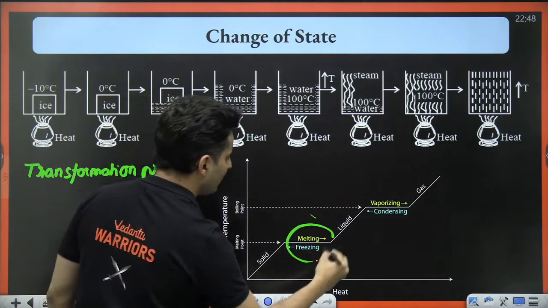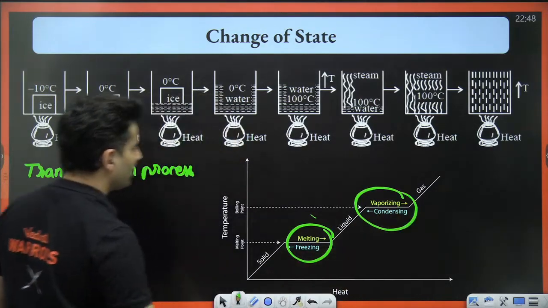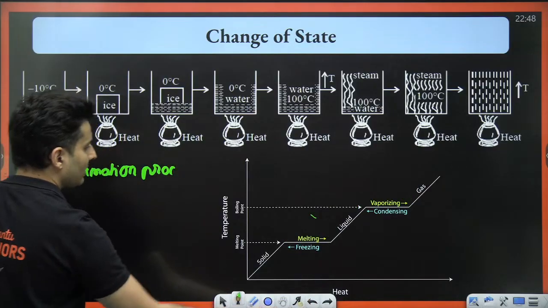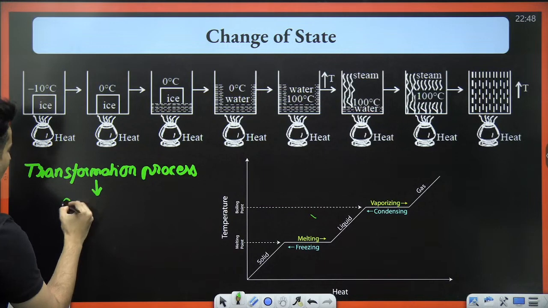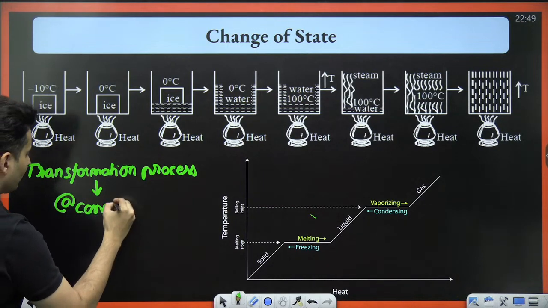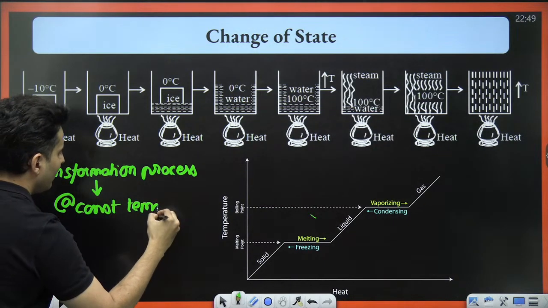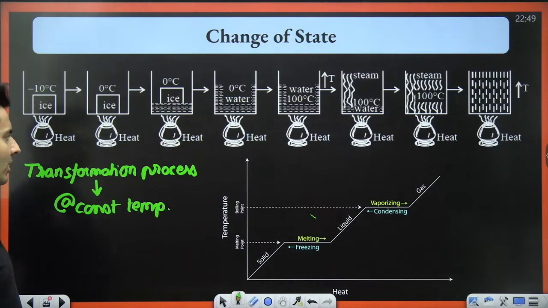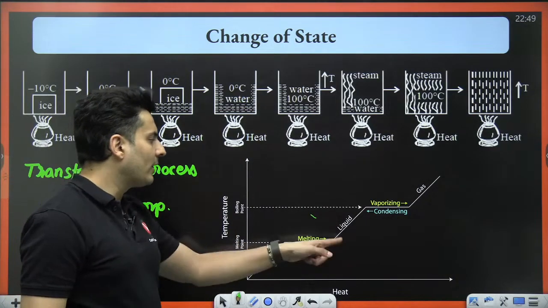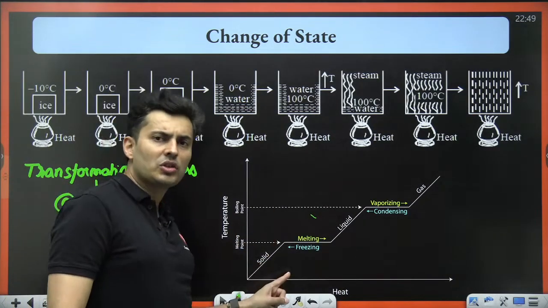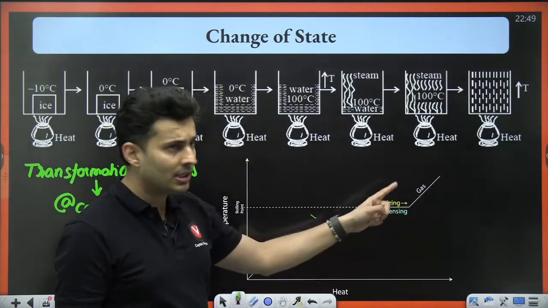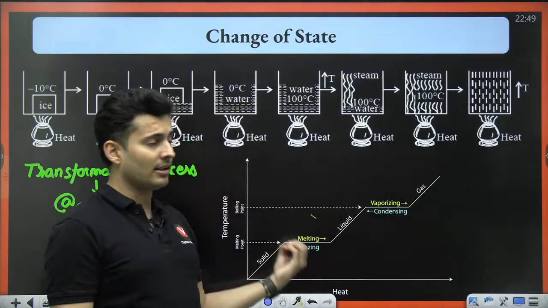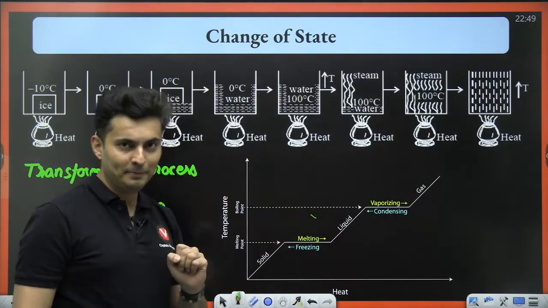These transformation processes are always at constant temperature. Very, very important. Solid to liquid is called melting. Liquid to solid is called freezing. Liquid to gas is called vaporization. Gas condenses to form liquid.